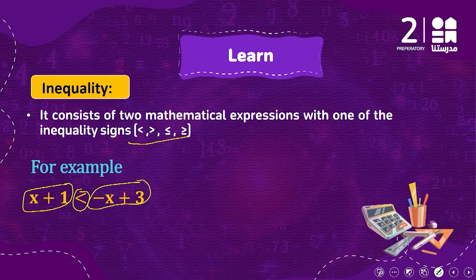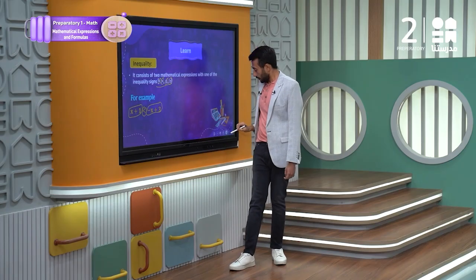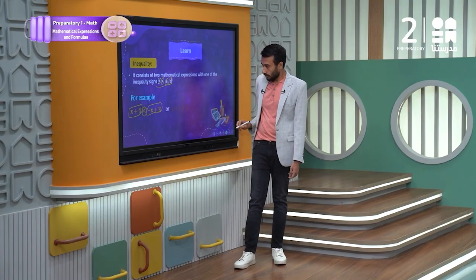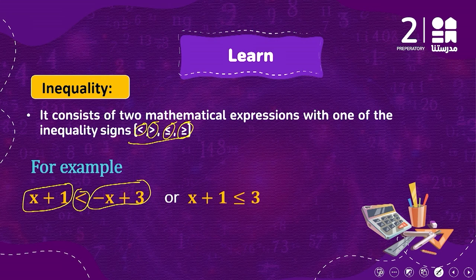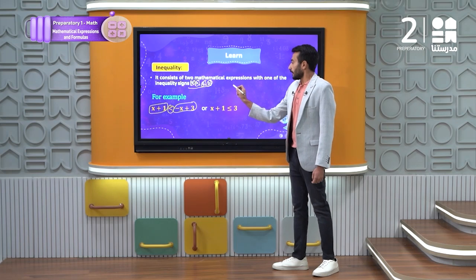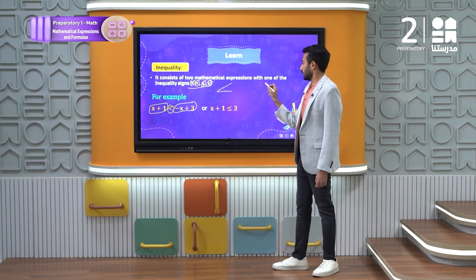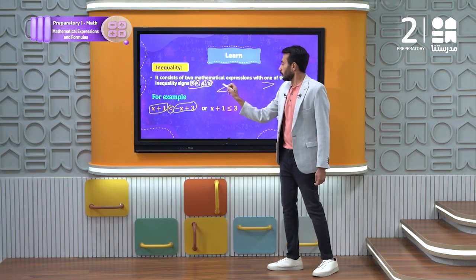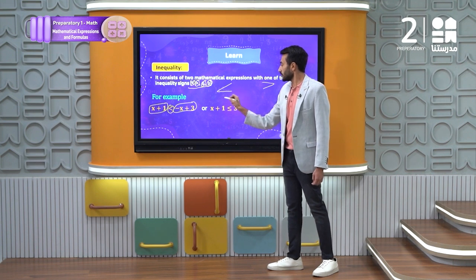However, you can use the less than sign, more than sign, less than or equal, more than or equal. Another example of inequalities, x plus 1 less than or equal to 3. I know many students can't read this and this. How do you know this is less than? Do you see this symbol?